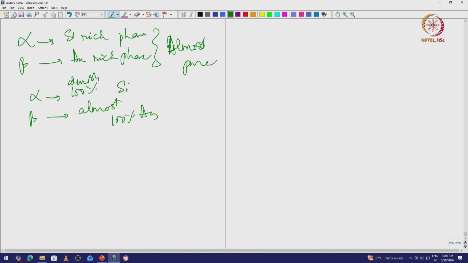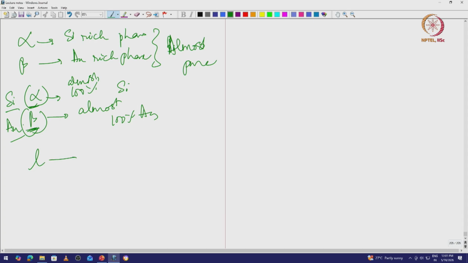So in a phase diagram I don't really see these alpha and beta phases. Instead of saying alpha I am just going to call it silicon, and instead of saying beta I am just going to call it gold, or FCC gold or something like that, right. So alpha is going to be diamond cubic silicon, okay. So beta doesn't have any solubility of silicon, and alpha doesn't have any solubility of gold, okay.